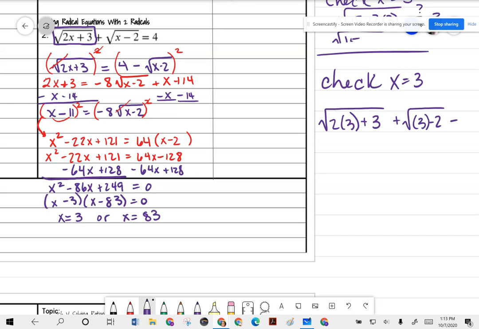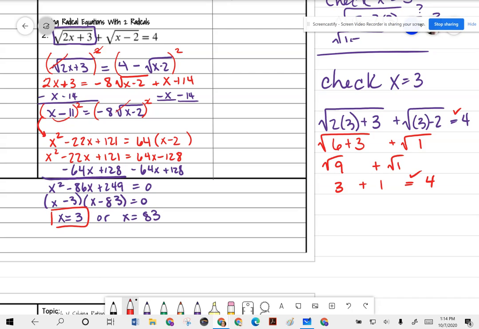Everywhere there's an x, I put parentheses. Now I'm just going to simplify that. I get 6 plus 3, and then rad 1, so that's rad 9 plus rad 1, so 3 plus 1 does indeed equal 4, so I can box that.